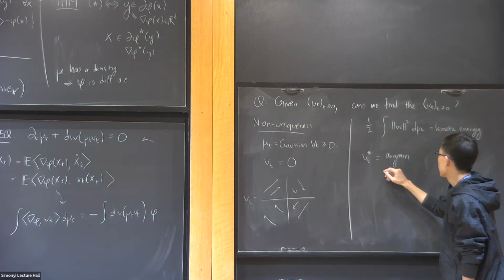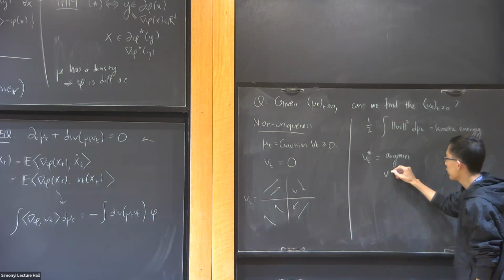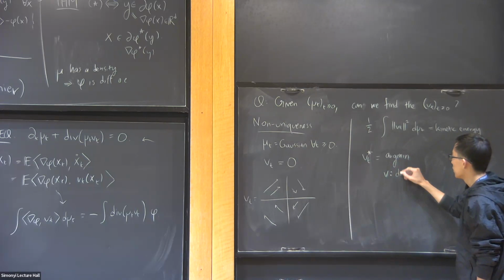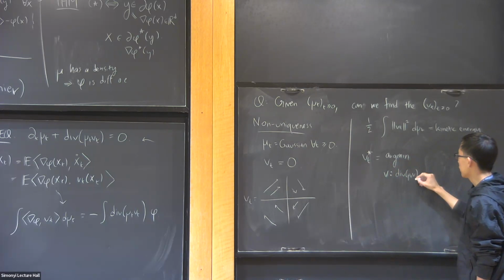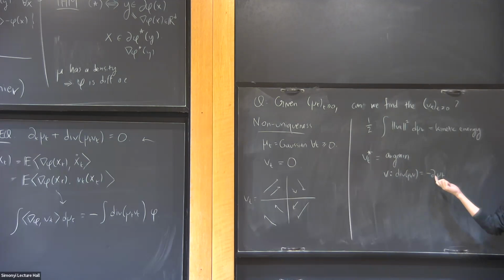So I'm going to take the best vector field, Vt star, and it has a constraint, which is that the divergence of mu t times V should be minus the time derivative of mu t. Remember, mu t is given to us, so the time derivative of mu t is known, mu t is known, so this is just a constraint on the vector field V to make sure it reproduces the same movement, but we're going to minimize this kinetic energy.